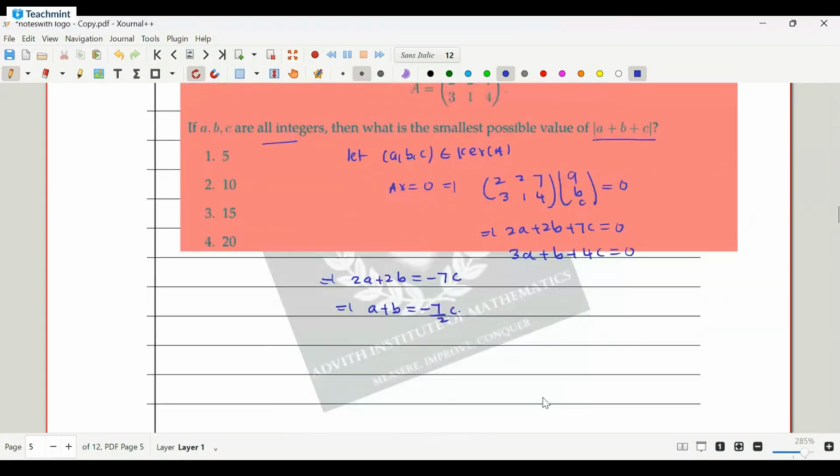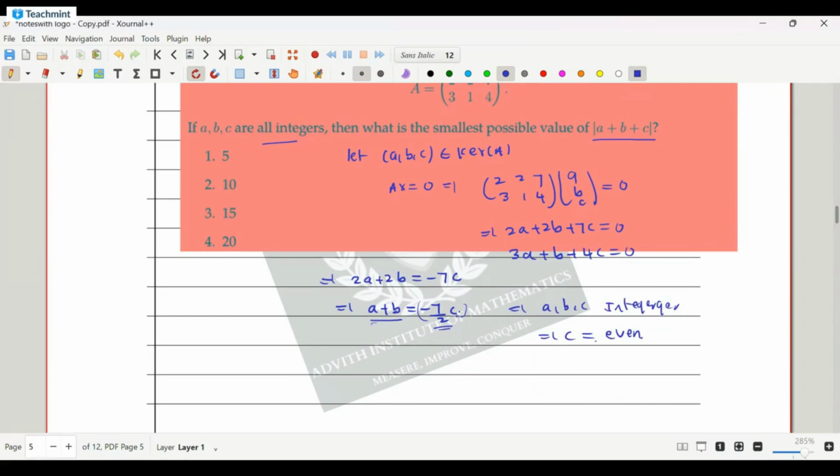Right, sir? A, B, C are integers and sum of two integers is also an integer, sir. Avuna? A and B are integers aithe A plus B is also an integer. Kani manaki emostundi? Minus 7 by 2 into C anadu. So that means for this value to be an integer, C should be an even number. Right, sir? Which implies if A, B, C are integers, then C should be an even number.